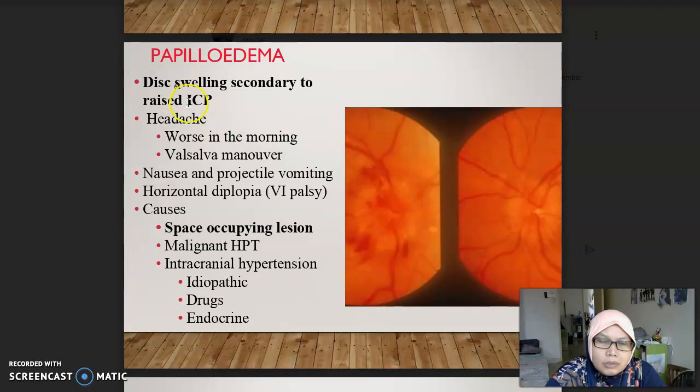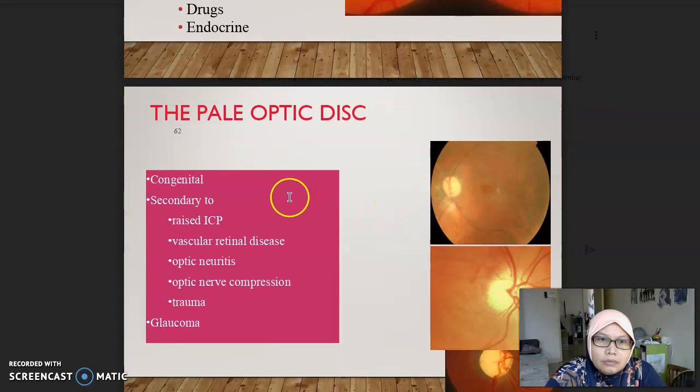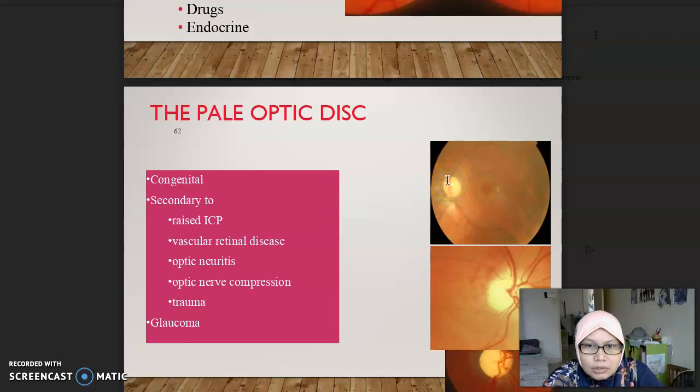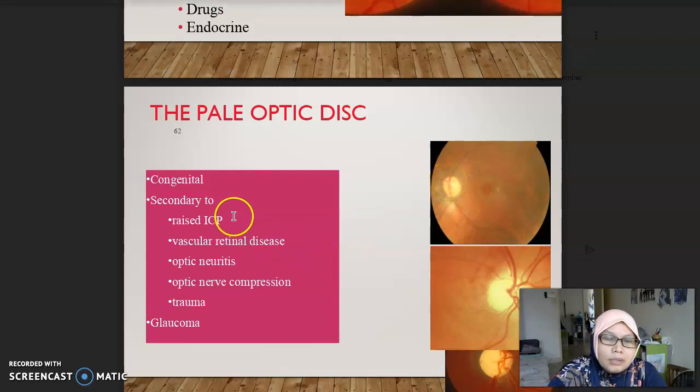For example, you didn't treat the patient, or the patient didn't go to the hospital, and finally, after 2 or 3 months, the optic disc died. A pale optic disc means the retinal fibers are almost all dead. Also secondary to vascular retinal diseases, and secondary to optic neuritis.